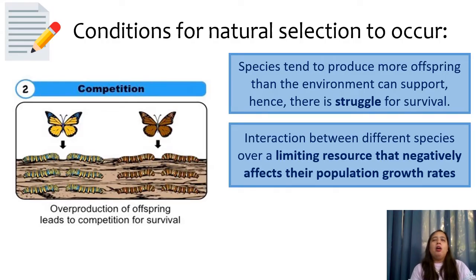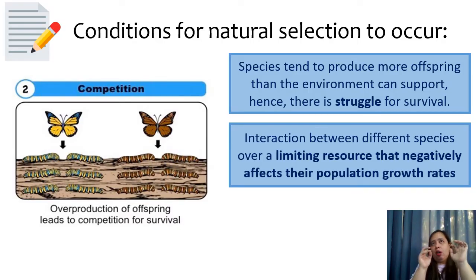Now, competition happens when there is overproduction. There are many offspring, but the capacity of the environment to support these organisms is not keeping up.